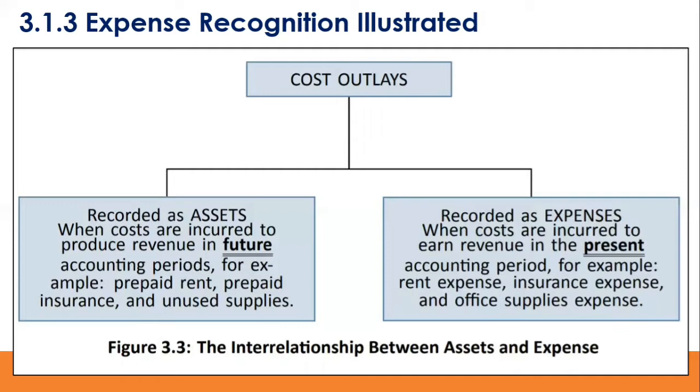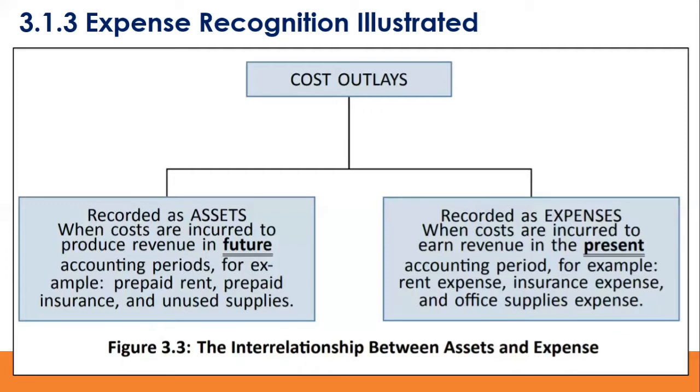Now, in the previous section regarding revenue recognition, journal entries illustrated three scenarios where revenue was recognized before, at the same time as, and after cash was received. And similarly, expenses can also be incurred before, at the same time as, or after cash is paid out.